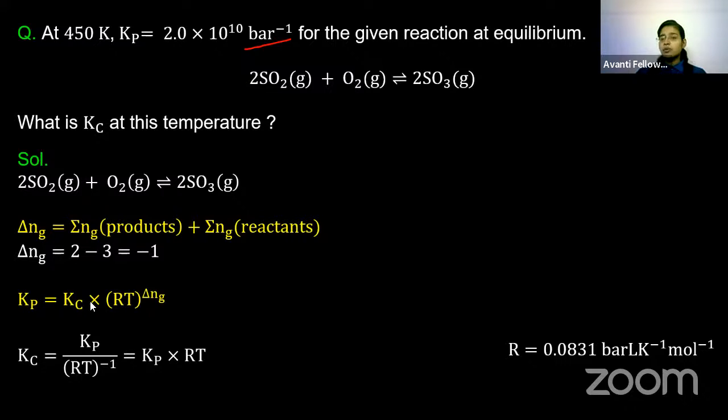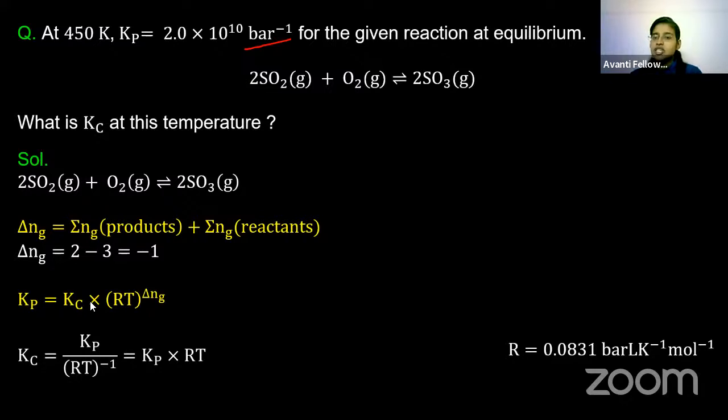8.314 is also a value of R, but that we have to use if the pressure is given in terms of liter atmosphere, or in terms of joules. If you are representing your answer that way, then you can use that. But here we have the pressure value in terms of bar.